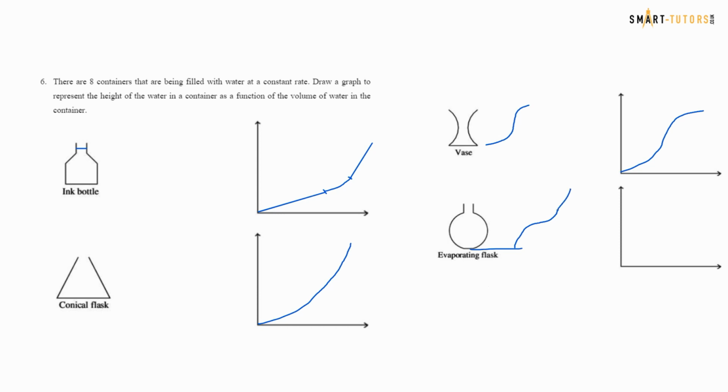So this graph is going to have 3 parts. It's going to be like that and like that, and a straight line from here to here. So it's going to be 3 sections here, here, here.